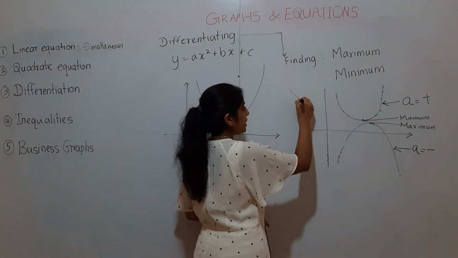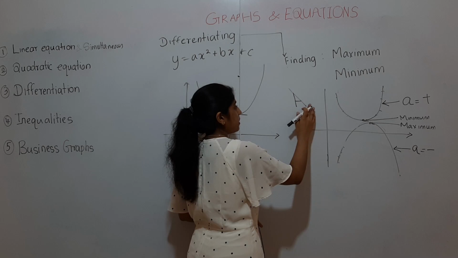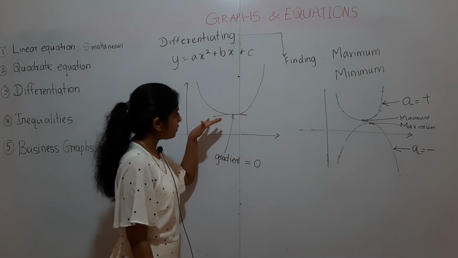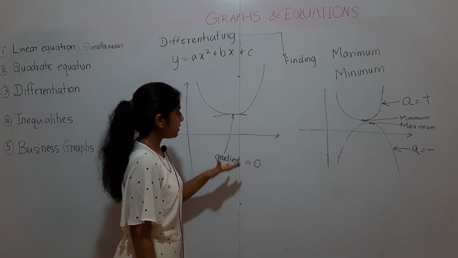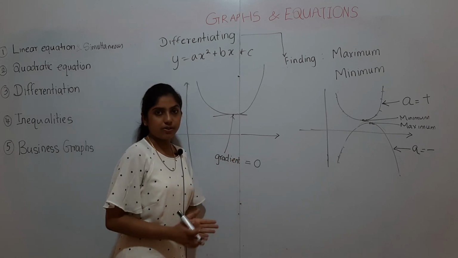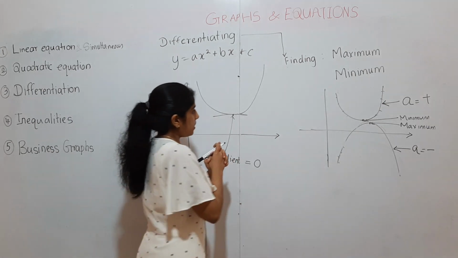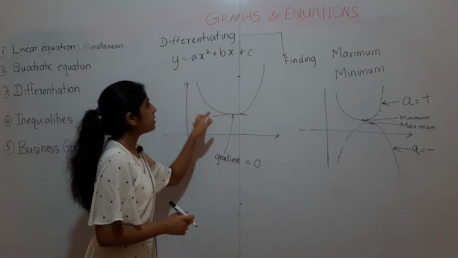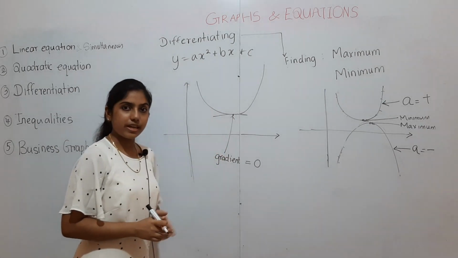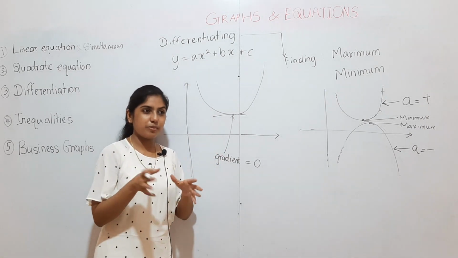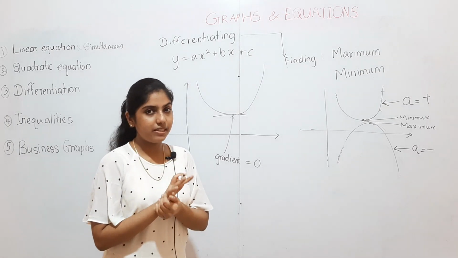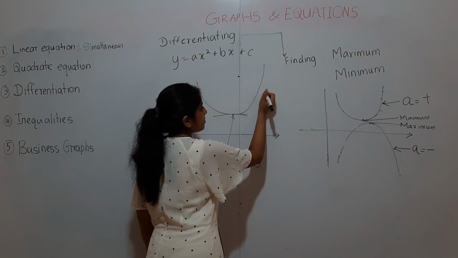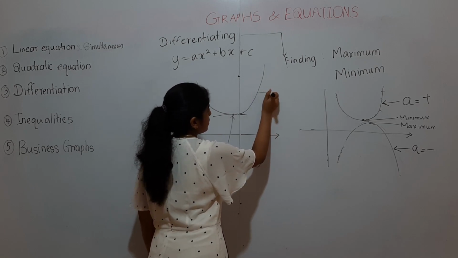We get a gradient when there is a slope, as I told you in the equation chapter. But here there isn't a slope. It is flat, so the gradient will be equal to 0. We should differentiate the equation because this is a curve and not a straight line. There's a lot of mathematics behind why it should be differentiated, but to find a point on a curve, we must differentiate.